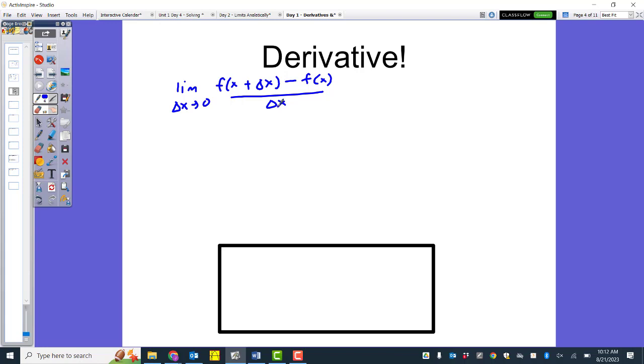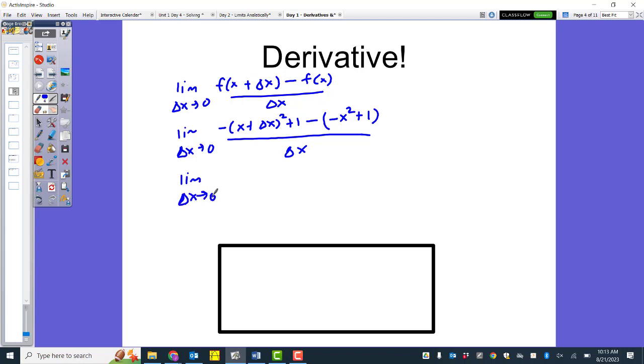And let's use that same function we just did and plug it in there. So the limit as delta x approaches 0 of negative (x plus delta x) squared plus 1 minus negative x squared plus 1, divided by delta x. And we'll simplify it all out.